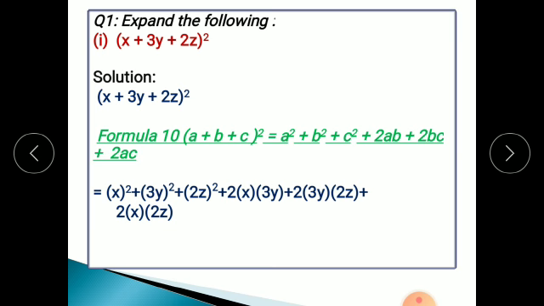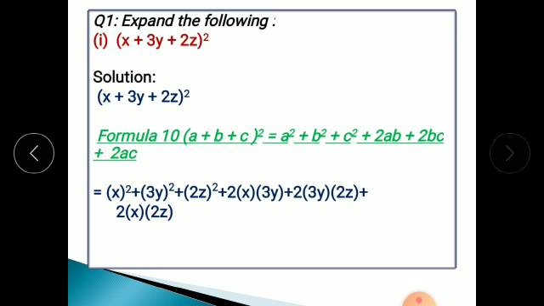Did you see here? I have transformed the left hand side of the question according to the right hand side of the formula, like this.